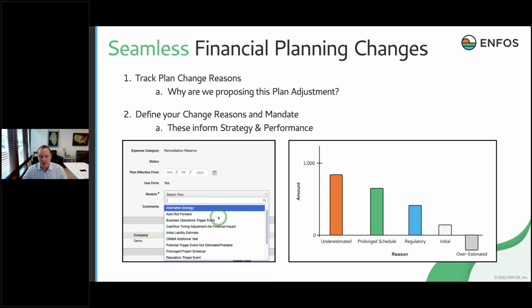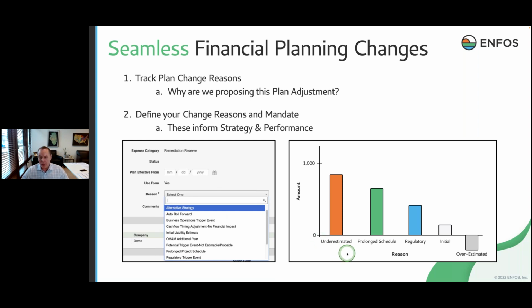But you want these to be uniform and you want them to be mandated so that every time we're doing an adjustment on a project's forecast, we're tagging it to a reason or a specific factor involved in that. Why is that important? It's important because that information is going to inform us on our strategies and our performance.